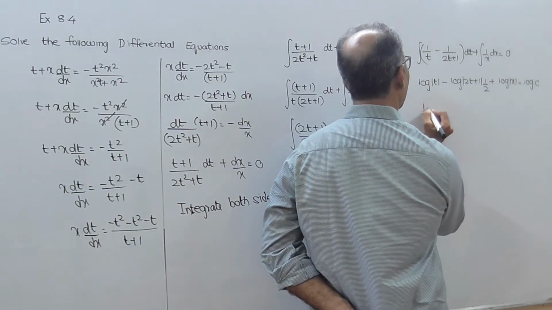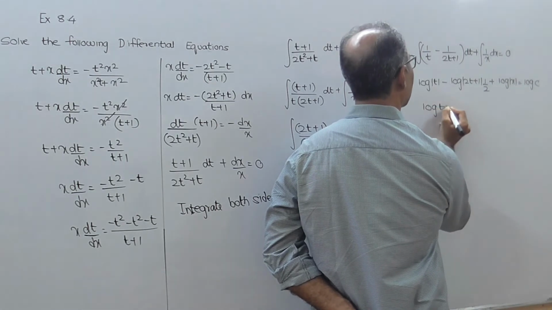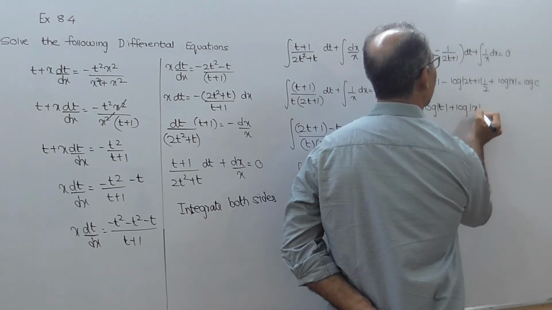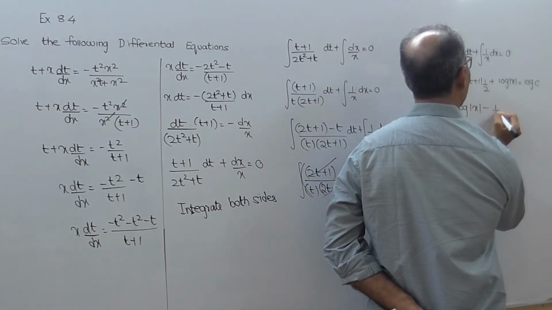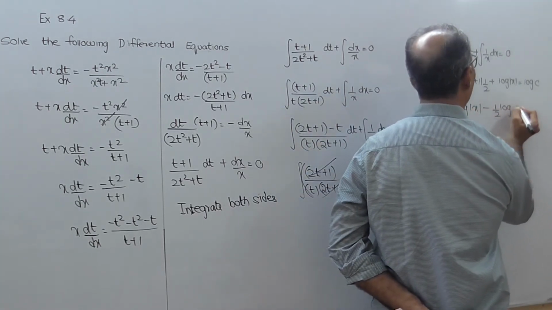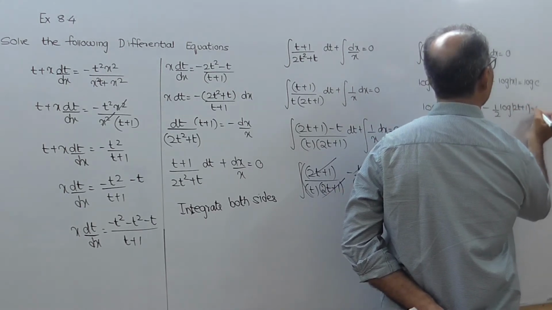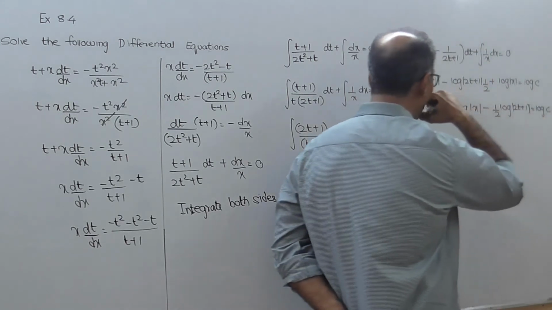Now what I can do is write this as log modulus of t, writing all positive terms together, plus log modulus of x, write this as minus half log modulus of 2t plus 1, and that is equal to log of c.